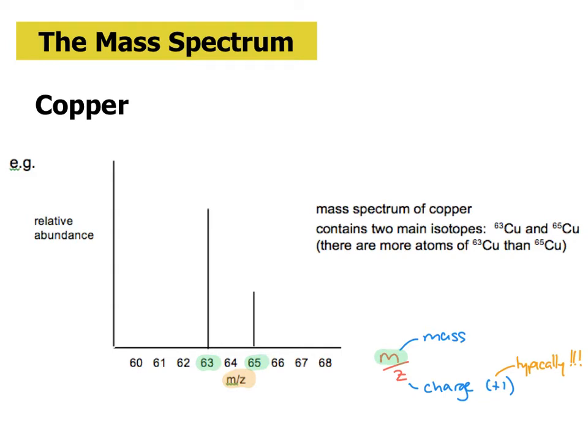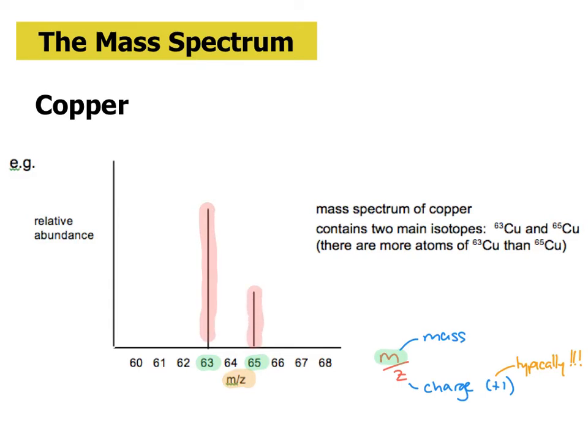It is 1+, but we just have to be wary of the times when it could be 2+, and that would give a value that was half the actual mass. Anyway, what we can see here is that copper has 2 peaks, a peak at 63 and a peak at 65.